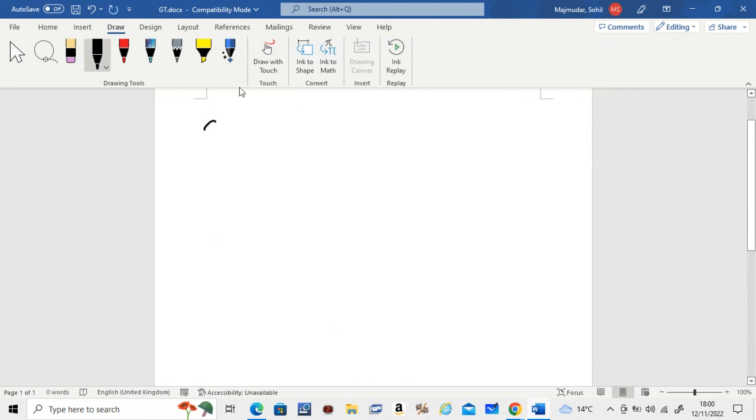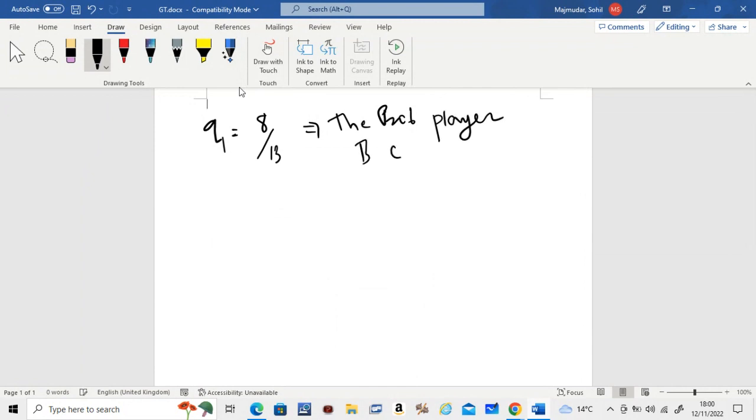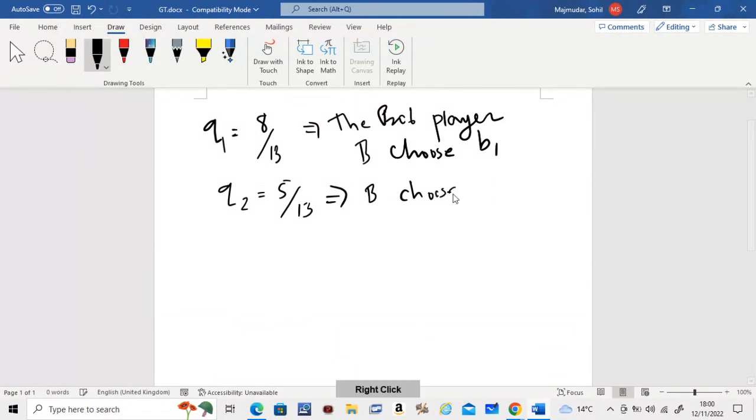You should say the probability Q1 is equal to 8 over 13, which is the probability player B chooses strategy B1. Okay, similarly, Q2 turns out to be 5 over 13. This is the probability that player B chooses strategy B2.